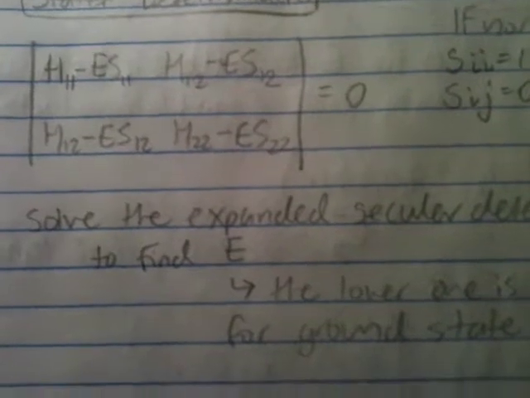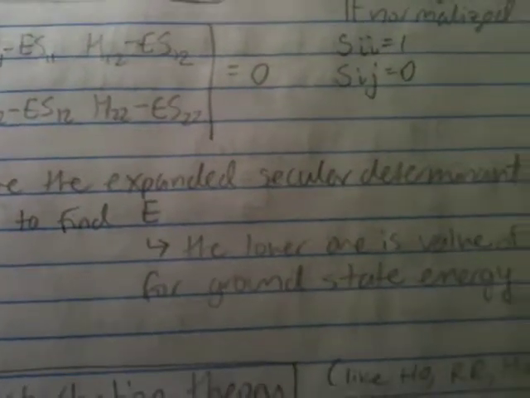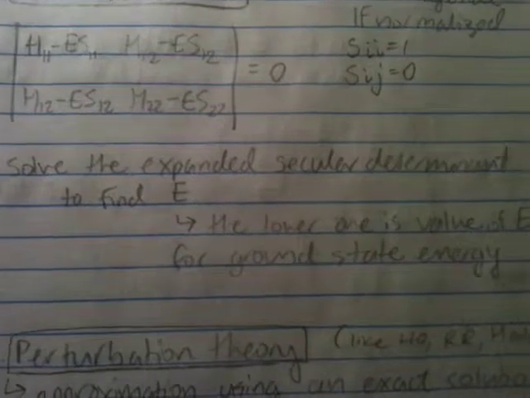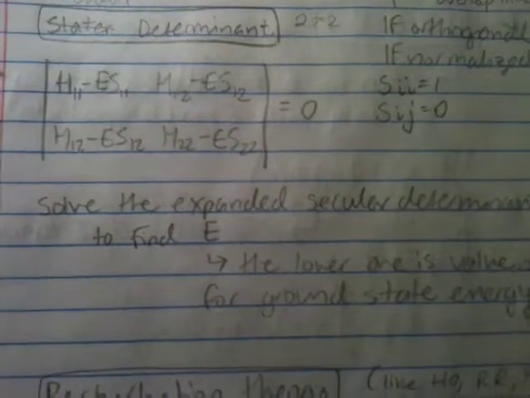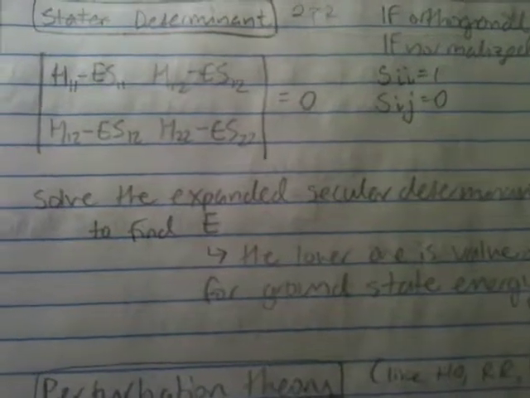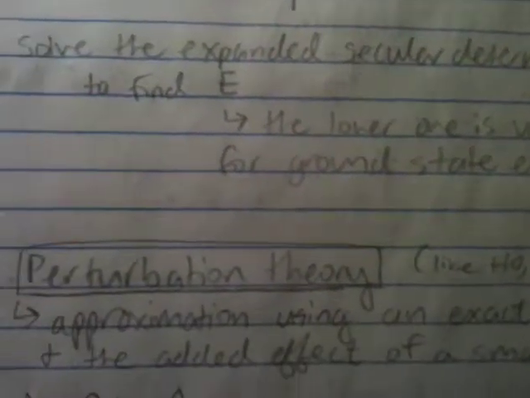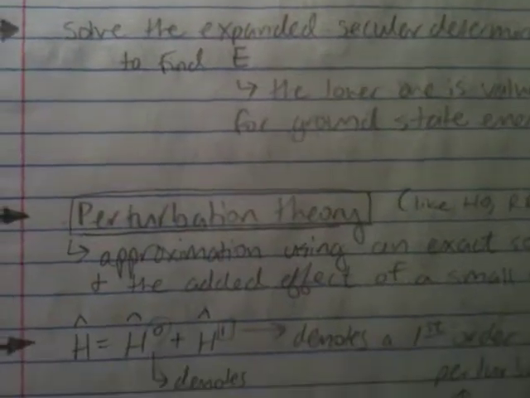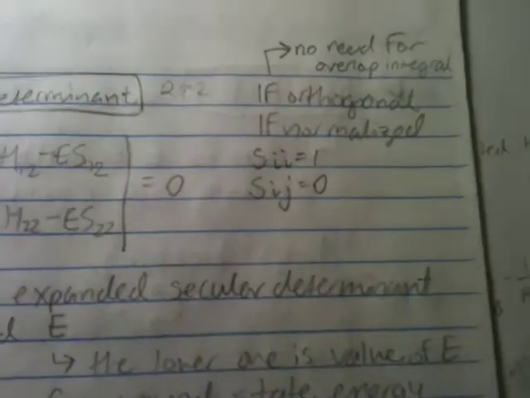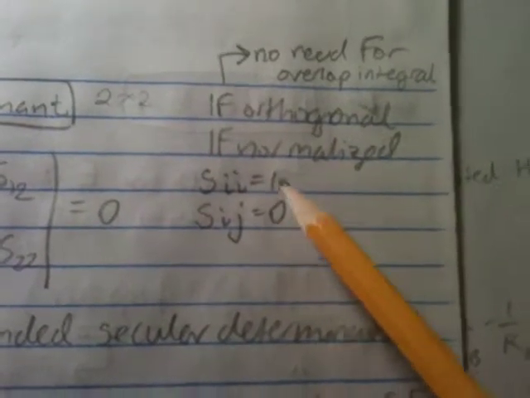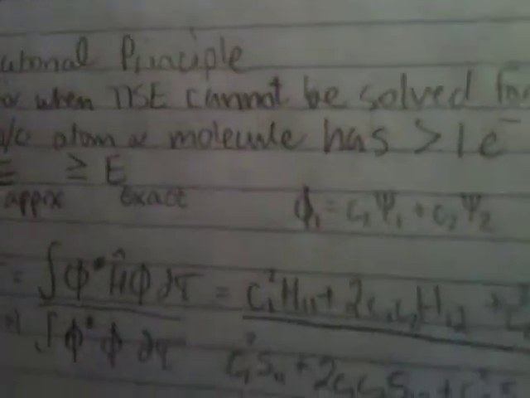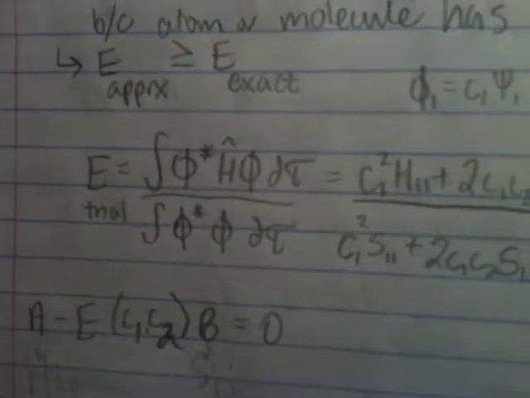My bad. What you want to do is solve the expanded secular determinant to find an energy E that will give you the lowest energy. Essentially, it solves for the ground state. Also, very important: if this is normalized and orthogonal, this part goes to 1, and every Sii goes to 1, and every Sij goes to 0.